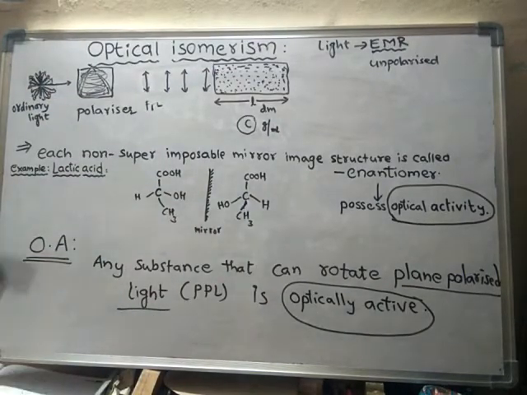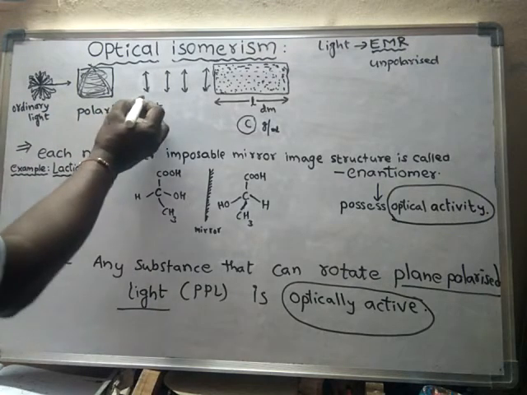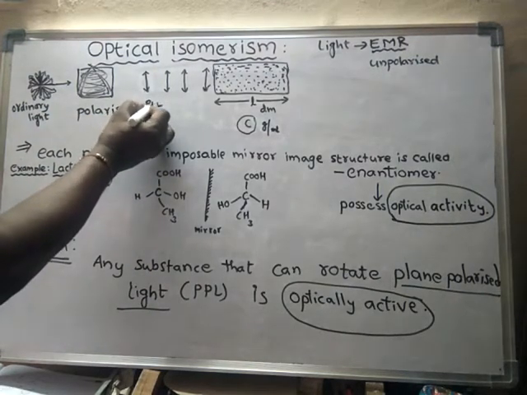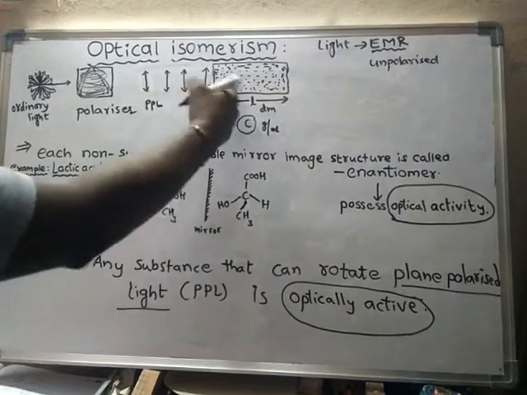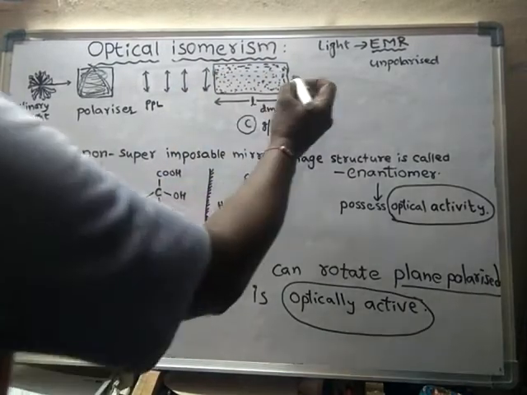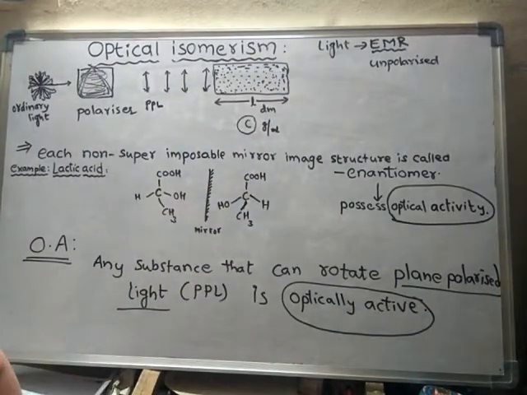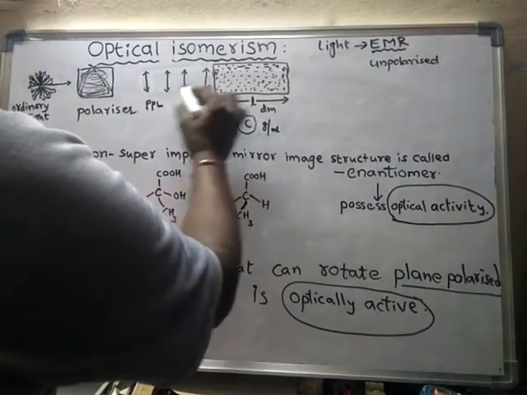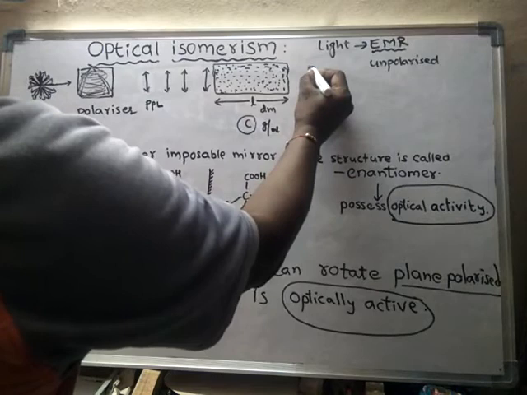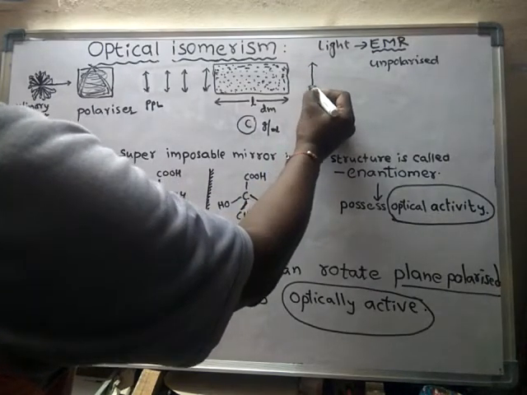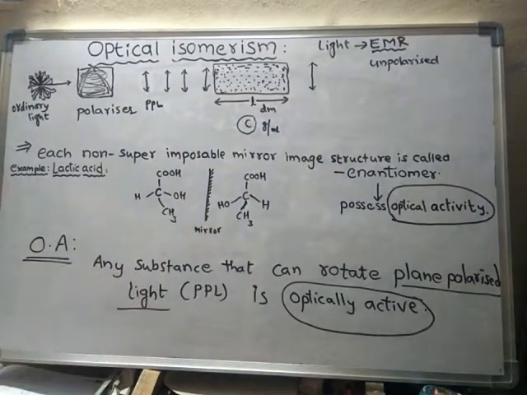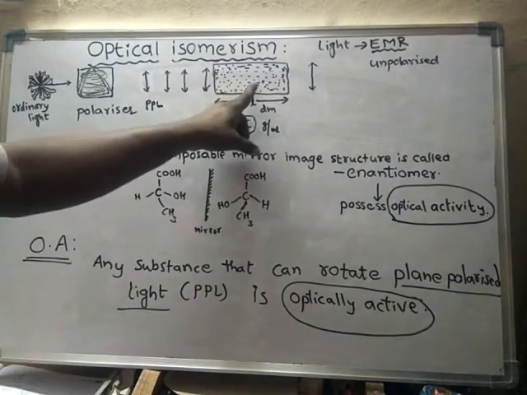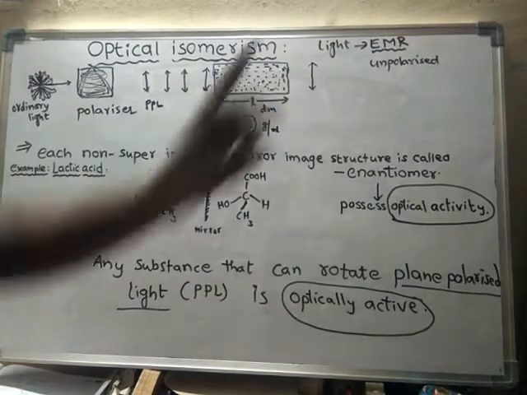So what happens when plane polarized light is passed through this solution? Three things may happen. Any of the three things may happen. This plane polarized light may come out from the solution as it is.